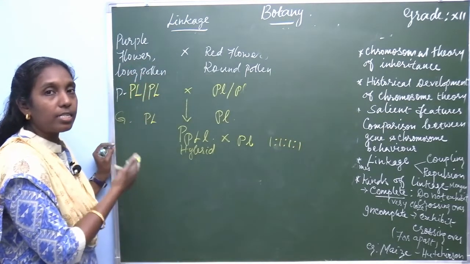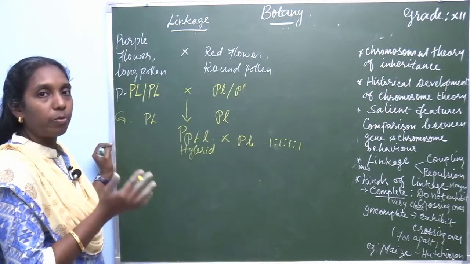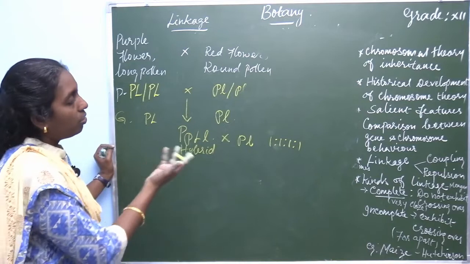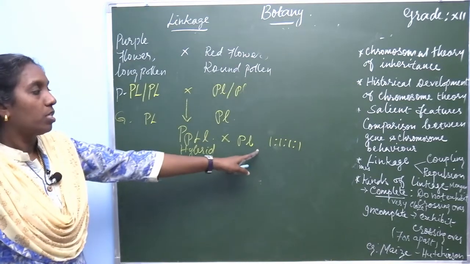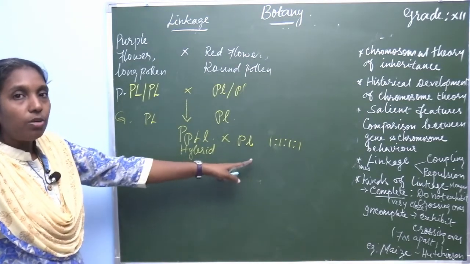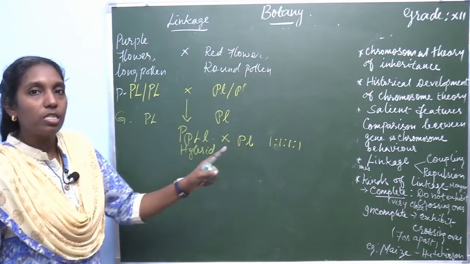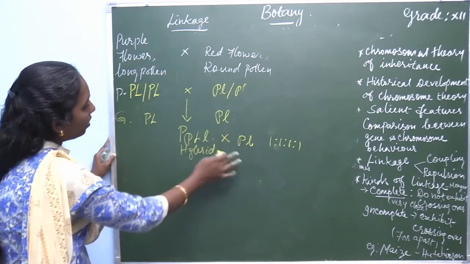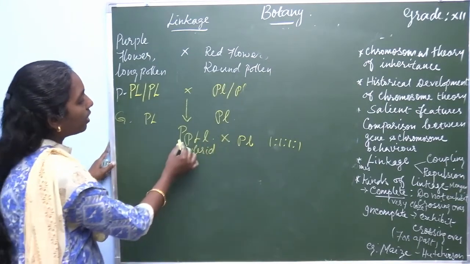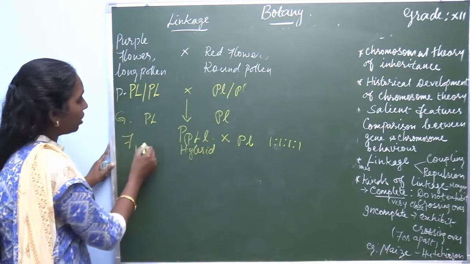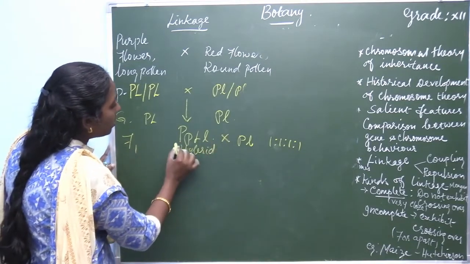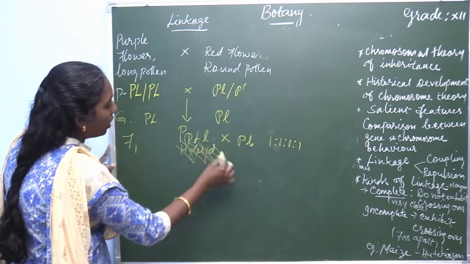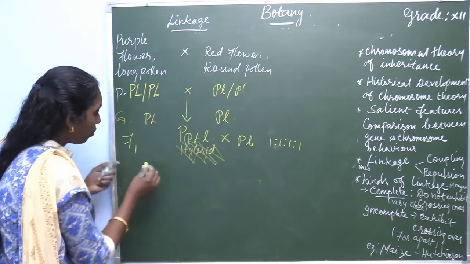But in this case, Lathyrus odoratus, when Bateson and Punnett experimented with this, it did not give the expected ratio, but it gives the ratio 7:1:1:7. That is the coupling. How does it give this? Take out the gametes from the F1 generation. What are the possible gametes? Capital P, capital L, capital P, small l, small p, capital L, small p, small l. So draw it in the form of chromosomes.